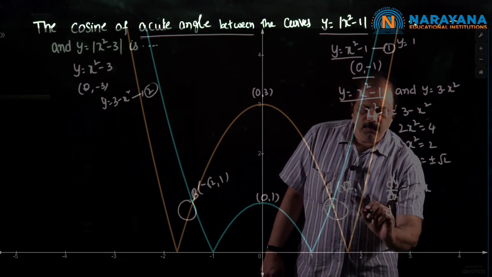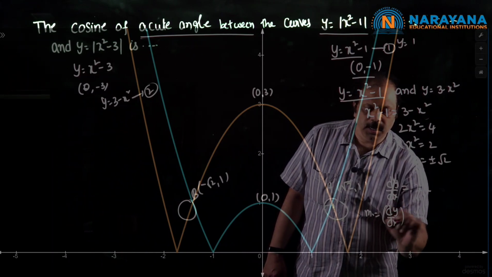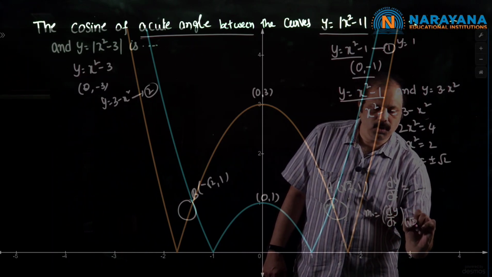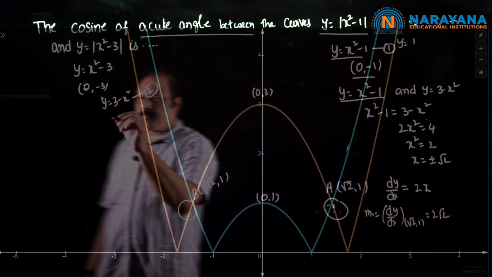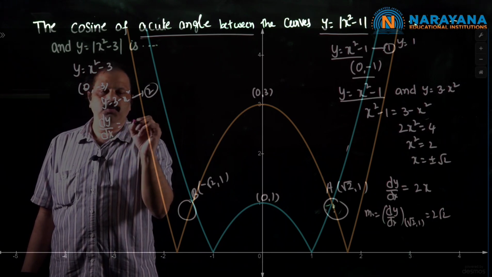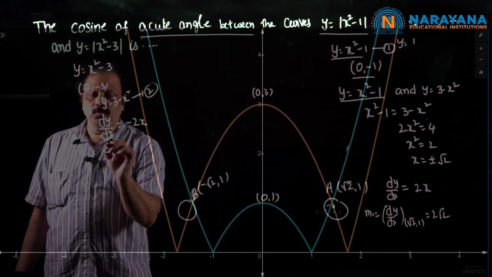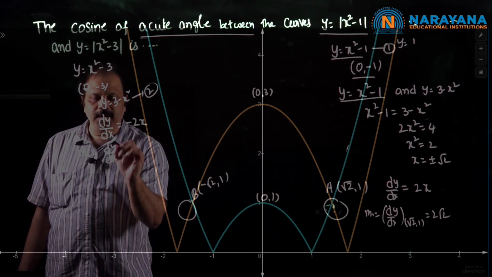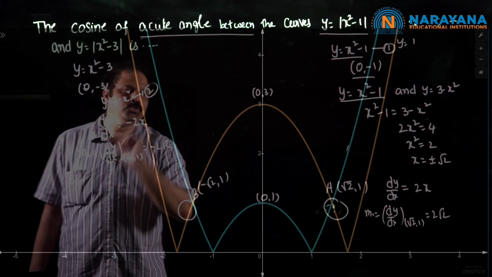Now m1 equals dy by dx at A, that is at (root 2, 1), which equals 2 root 2. Likewise, differentiating equation 2, dy by dx equals minus 2x. Now m2 equals dy by dx at A, at (root 2, 1), which equals minus 2 root 2.